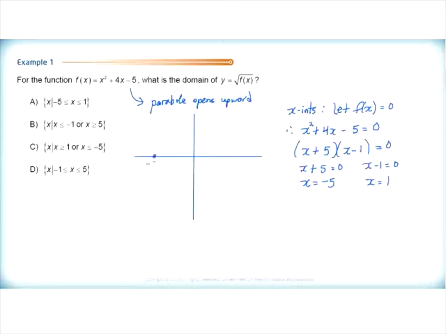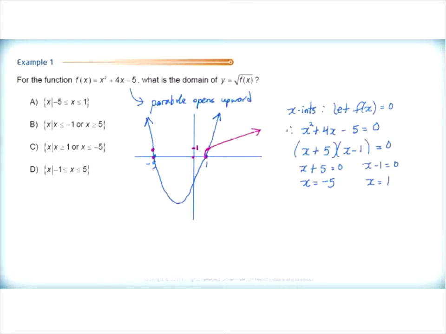Negative 5 and positive 1, and you know that your parabola opens upward. I'm just sketching that for now. It's not important that we sketch the graph. However, we can determine the domain of the original function. If you go to where y is equal to 1, and the points where y is equal to 0, remember that the square root function graph is always greater during that interval.